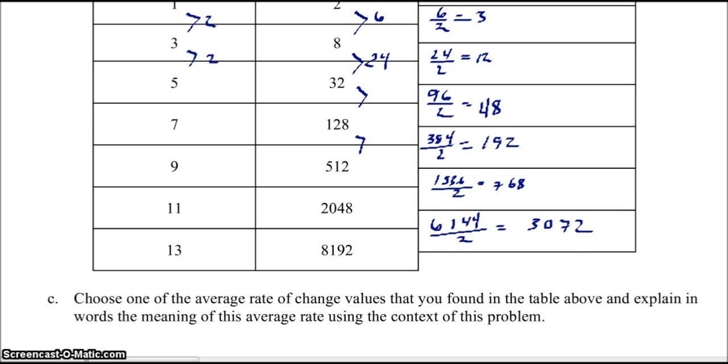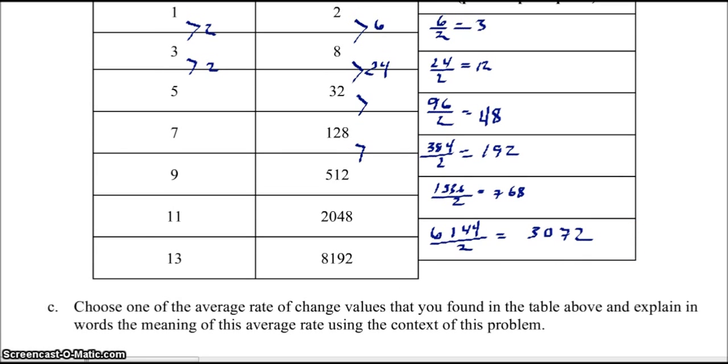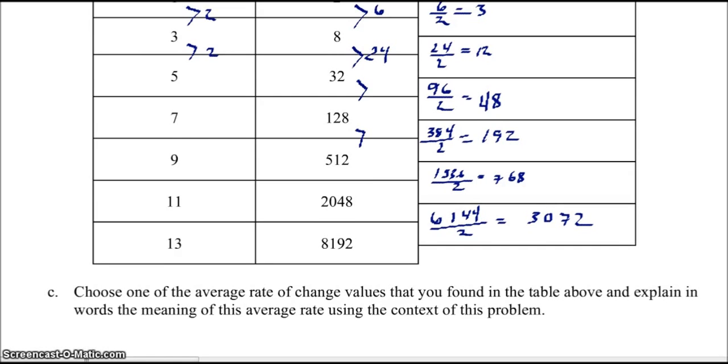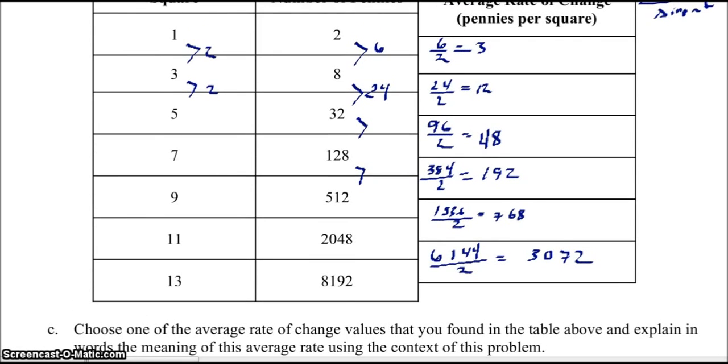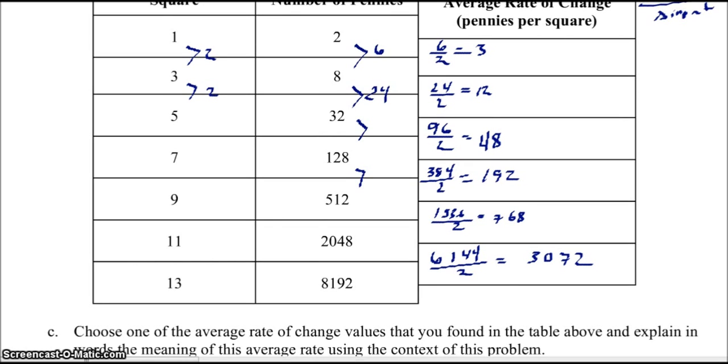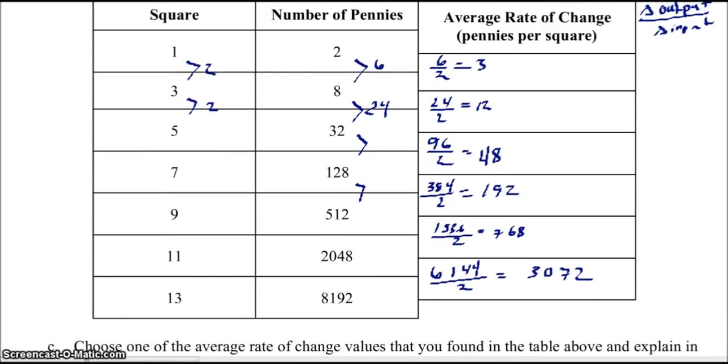Part C, choose one of the average rate of change values that you found in the table above and explain in words the meaning of this average rate using the context of the problem. So I'll take the first one, the average rate of change of 3.